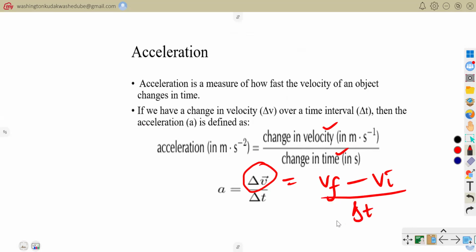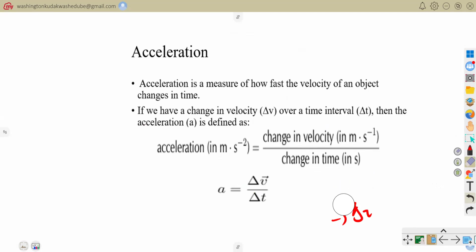The total time that was taken for that change in velocity. That is what we refer to as acceleration. So acceleration is simply the rate of change of velocity, and it can be calculated in this way. So it determines if your object is speeding up or else it is slowing down.